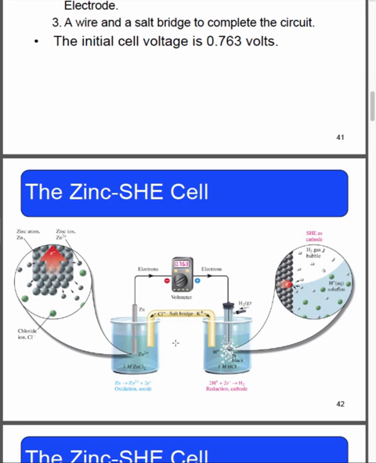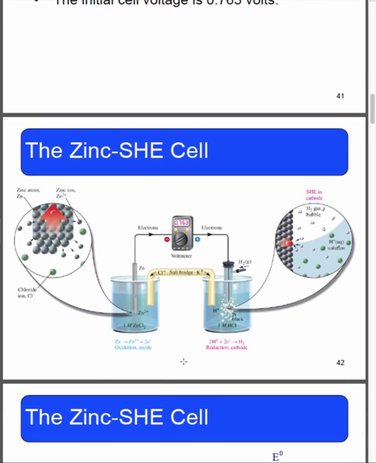And as we mentioned, it comes out to be positive 0.763 in terms of voltage. It's a spontaneous transfer of electrons. The zinc gives up electrons through this meter over to the hydrogen ions, becoming more hydrogen gas. So I'm pumping in hydrogen gas, but I'm making even more hydrogen gas as the hydrogen ion gains electrons from the zinc.